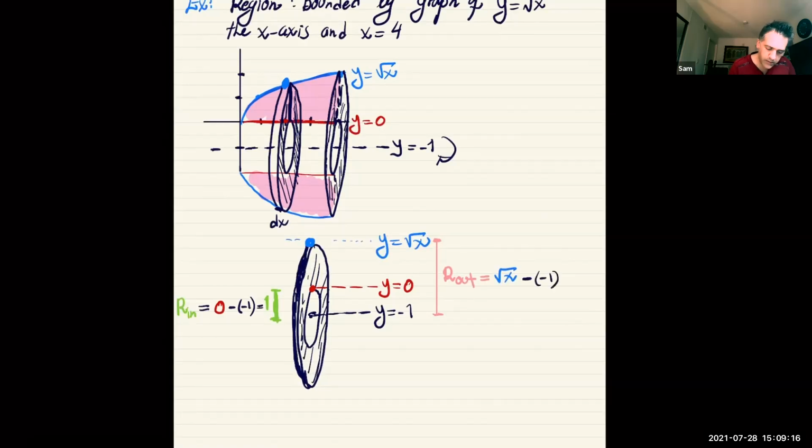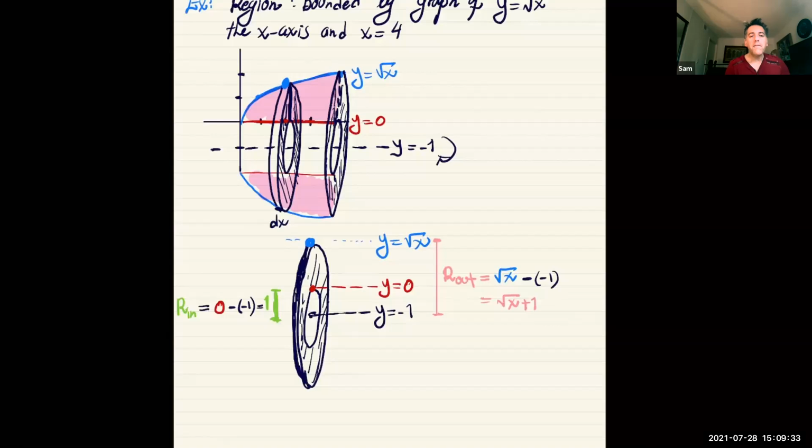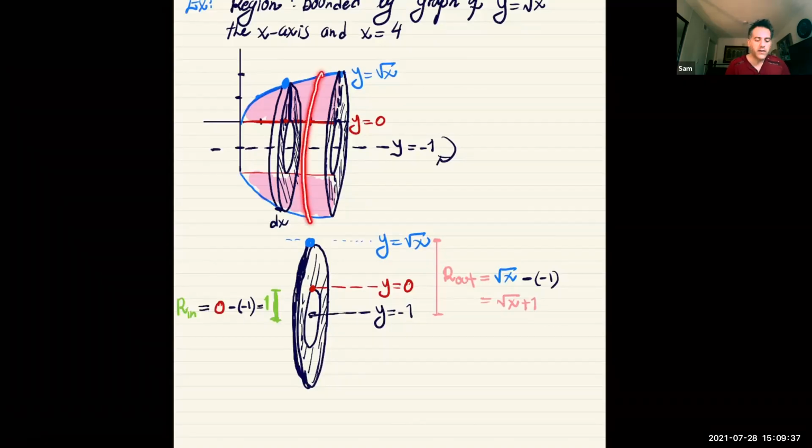And that's equal to square root of x plus 1. Okay, so you wonder why is the radius a function of x? It is, guys, radius is a function of x. That's because when you vary x, if I change x, the outer radius is going to change, doesn't it?